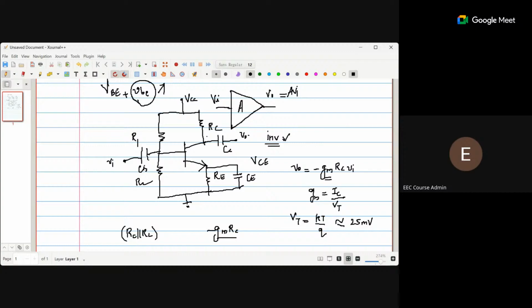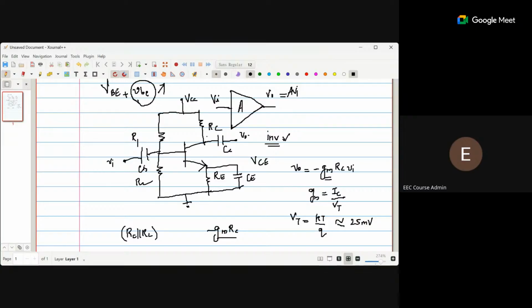Is it clear? No, ma'am. Because once you consider the AC part, just like superposition, you ground this VCC. When we are considering AC, we set the DC to be 0, so VCC is set to 0.